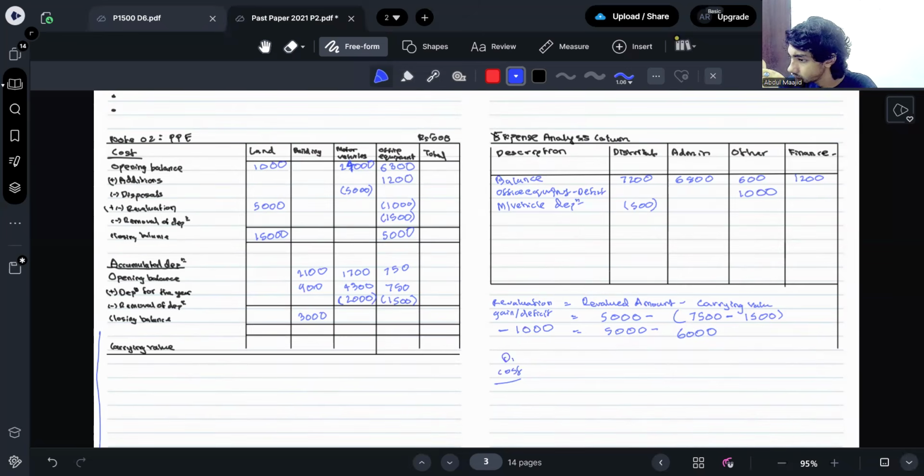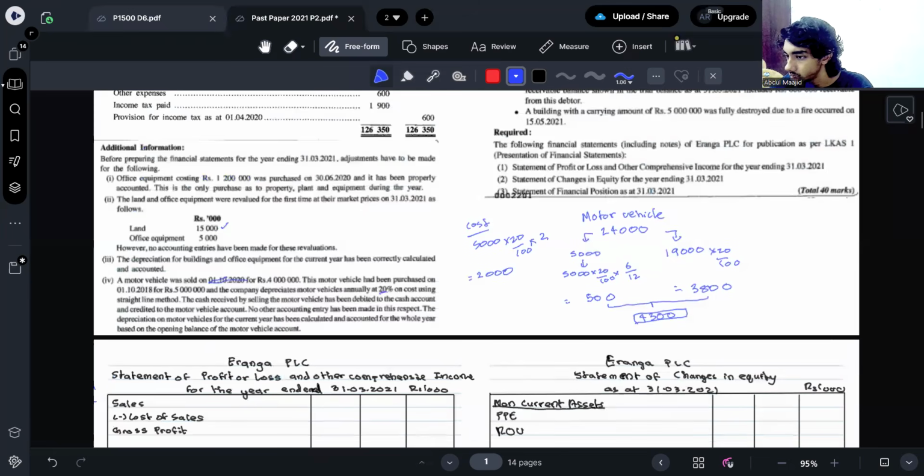Disposal gain or loss equals the selling price of the asset minus carrying value. They are selling that motor vehicle for 4 million, right? The motor vehicle was sold for 4 million.